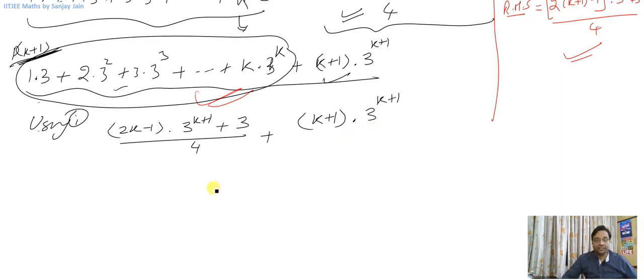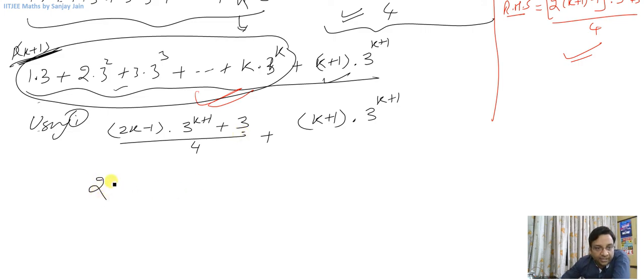Now if I take 3 raised to power k plus 1 outside from the first term, no, I cannot take 3 raised to power k plus 1 like this, because there is this sum here, right? This plus 3 here. So let me erase it. I cannot take common like this. Okay, so to take this as common, let me separate this term.